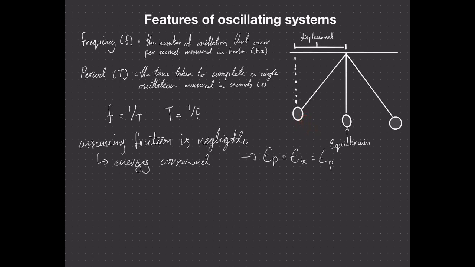As that EP is transferred into kinetic energy, we will have high velocity, low acceleration. As that EK is transferred into EP, our velocity will become 0, our potential energy will become higher. We again will get a higher rate of acceleration due to gravity, producing a velocity, meaning that in our central position, we have our highest velocity.